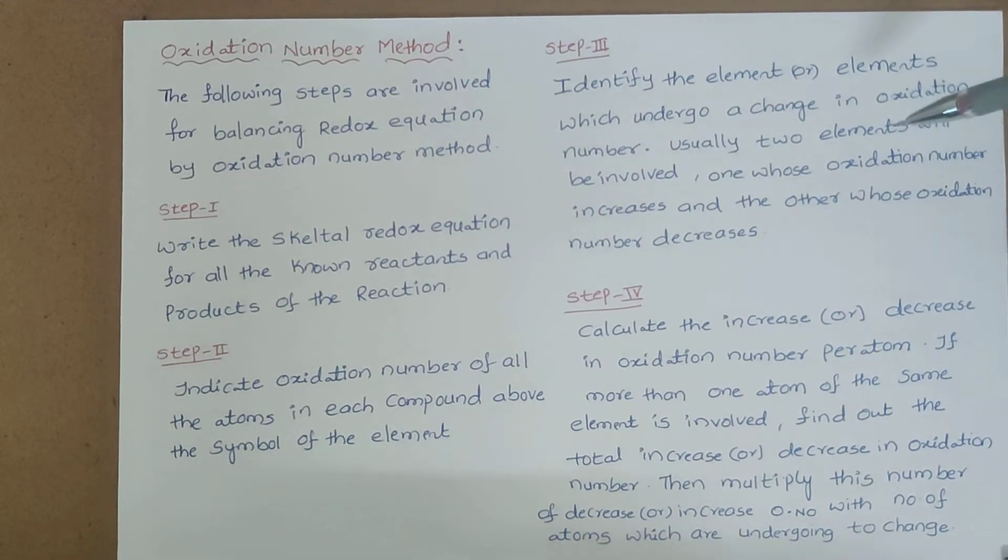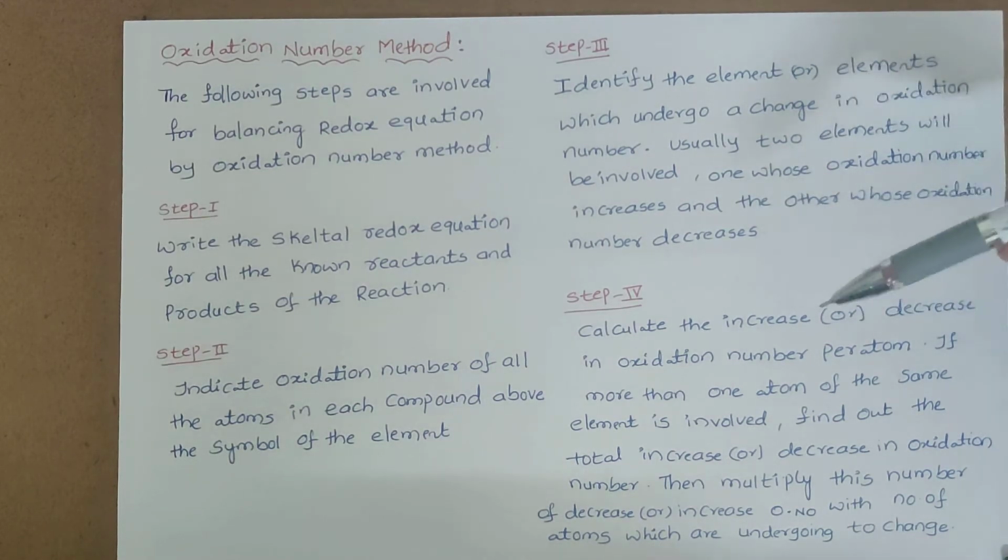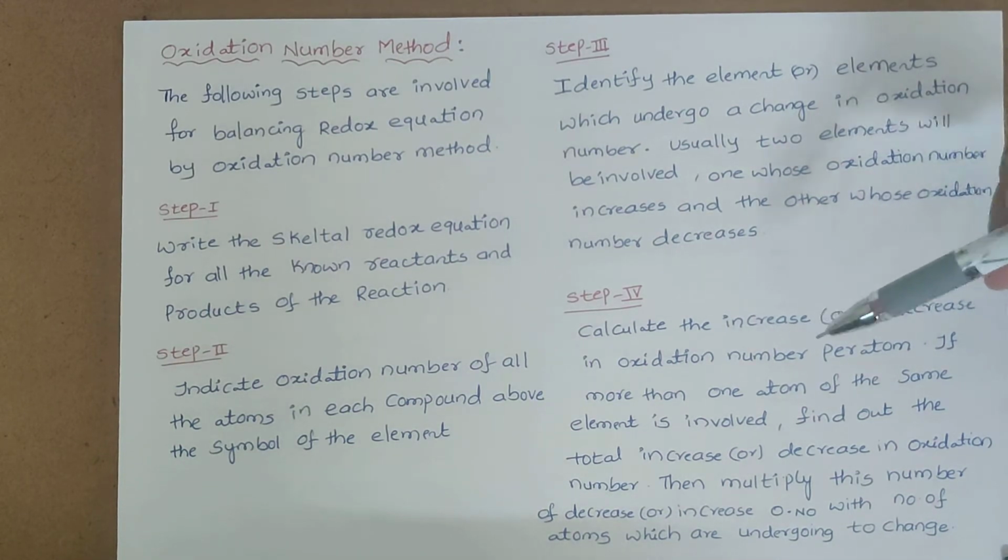If it undergoes oxidation, by how much does the oxidation number increase? If it undergoes reduction, by how much does the oxidation number decrease? That we have to calculate. After that, in step 4, we need to calculate the increase or decrease in oxidation number per atom.